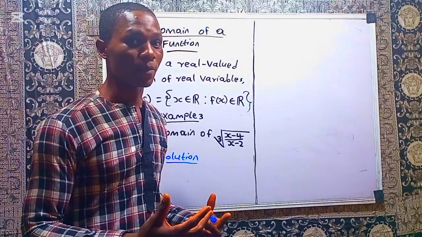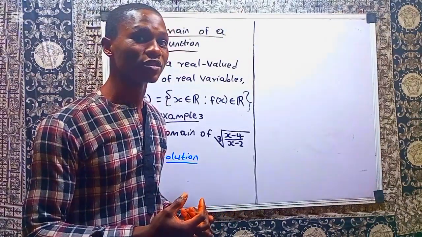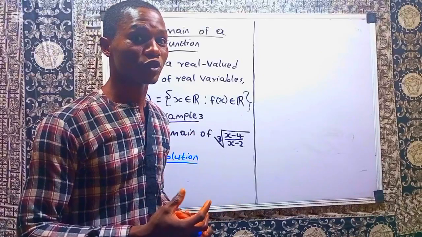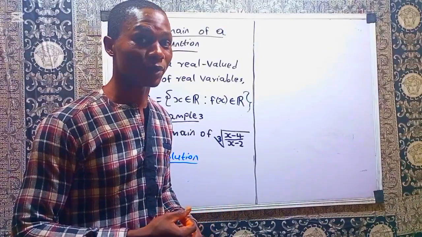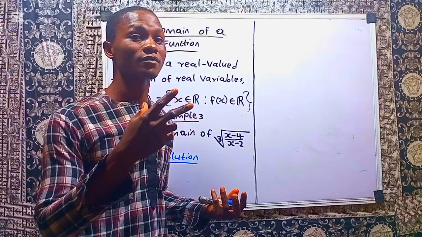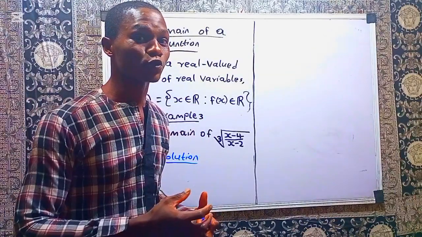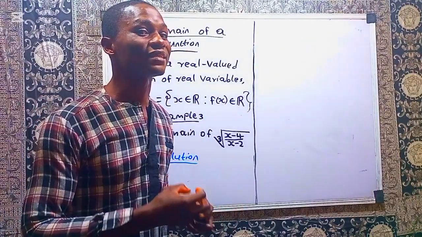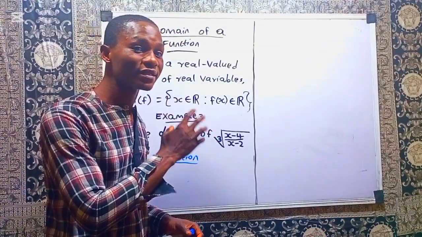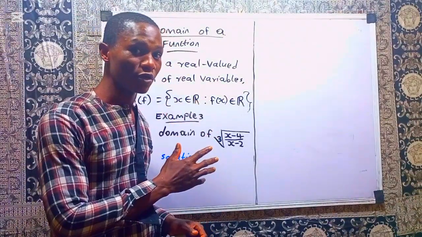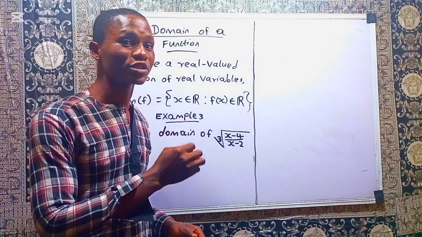So it's a real number. But we don't have even roots of negative numbers. We don't have square root of negative number as a real number. We don't have a fourth root of negative number as a real number. But remember, we are considering real valued functions of real variables. So the values of this function must be a real number.